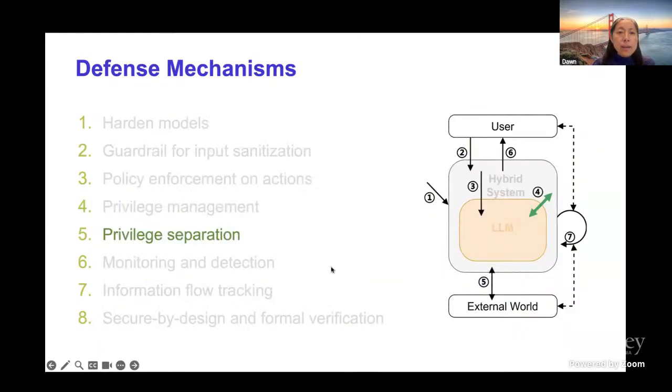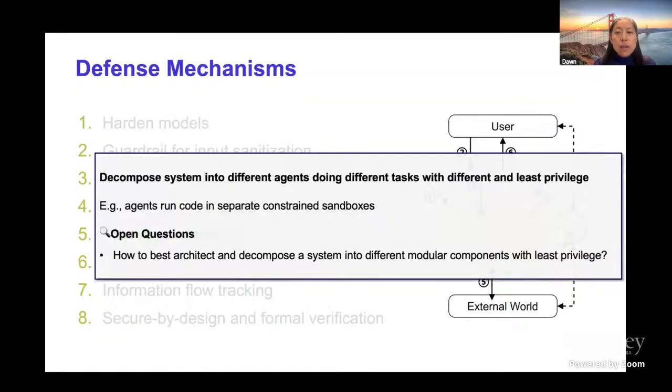The next defense mechanism I will talk about is privilege separation. The idea of privilege separation is to decompose a system into different components doing different tasks that require different privileges, which helps satisfy the least privilege principle. For example, different agents can run code in separate constrained sandboxes.